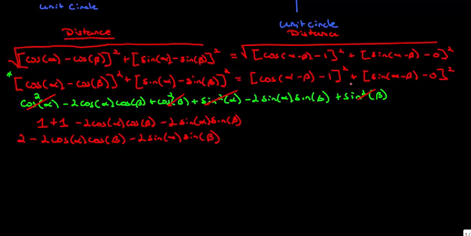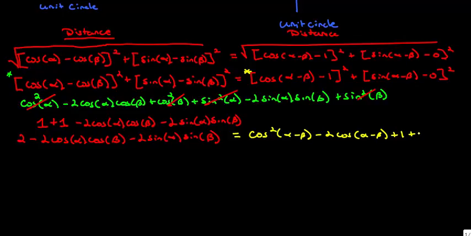Now let's play around with the right side. So I'm going to do that in yellow. So this guy squared is cosine squared alpha minus beta, minus 2 cosine alpha minus beta, plus 1. This guy squared is easy because it's just this first guy squared.